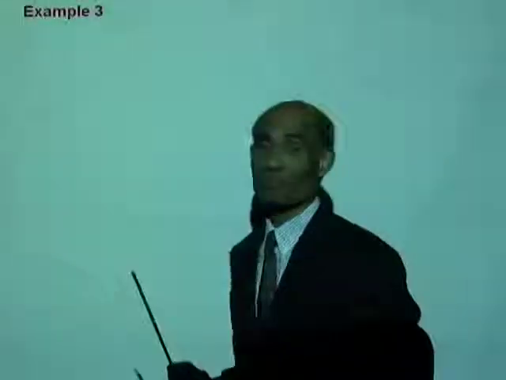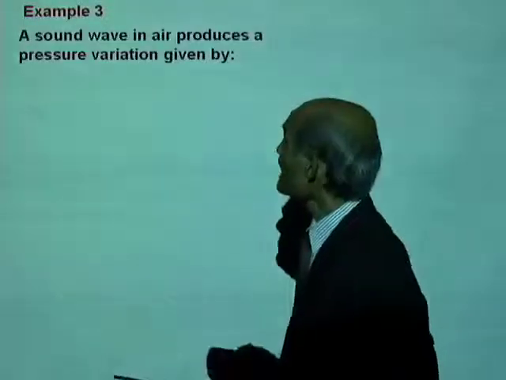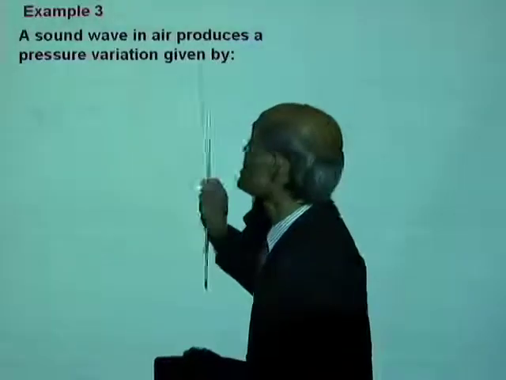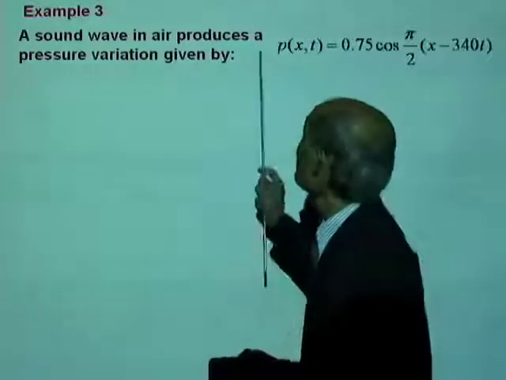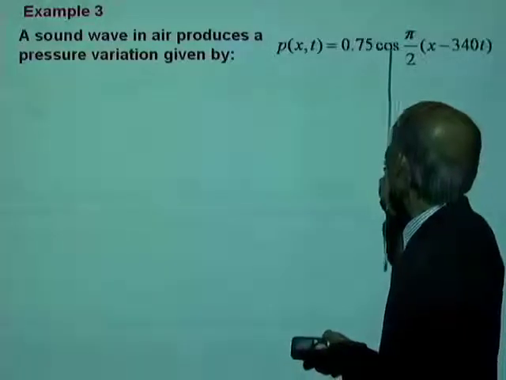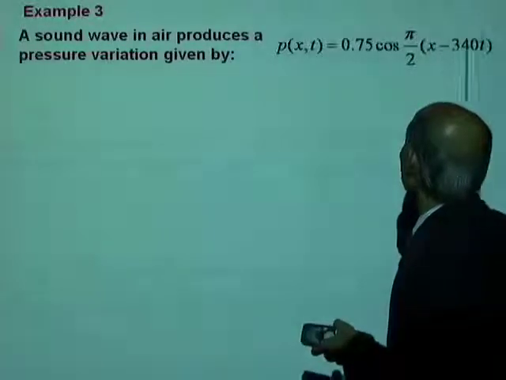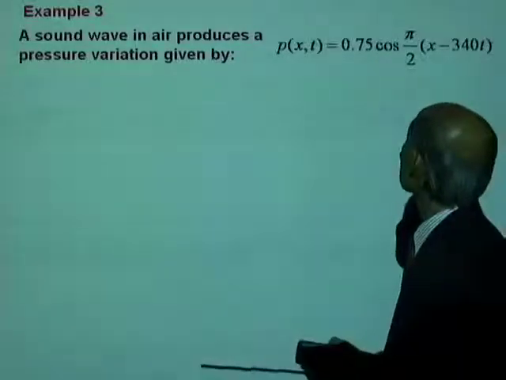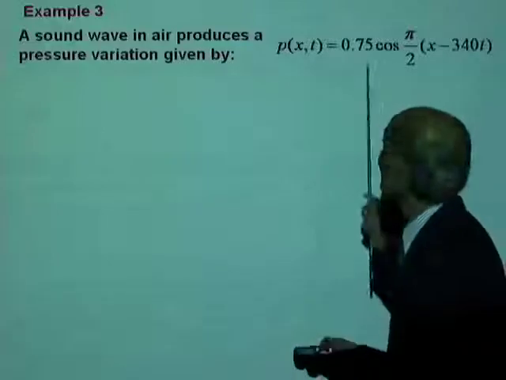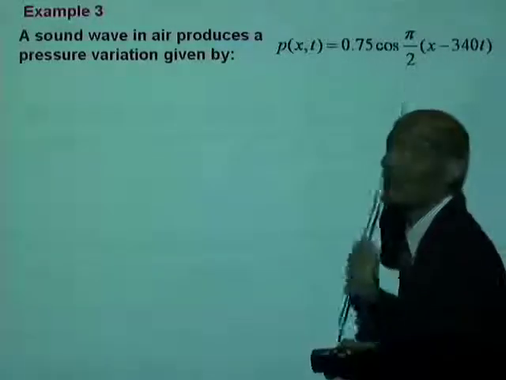Okay, let's do an example. A sound wave in air produces a pressure variation given by P(x,t) equal to 0.75 cos[pi by 2 times (x minus 340 t)]. Now, can you tell me what form this equation is?